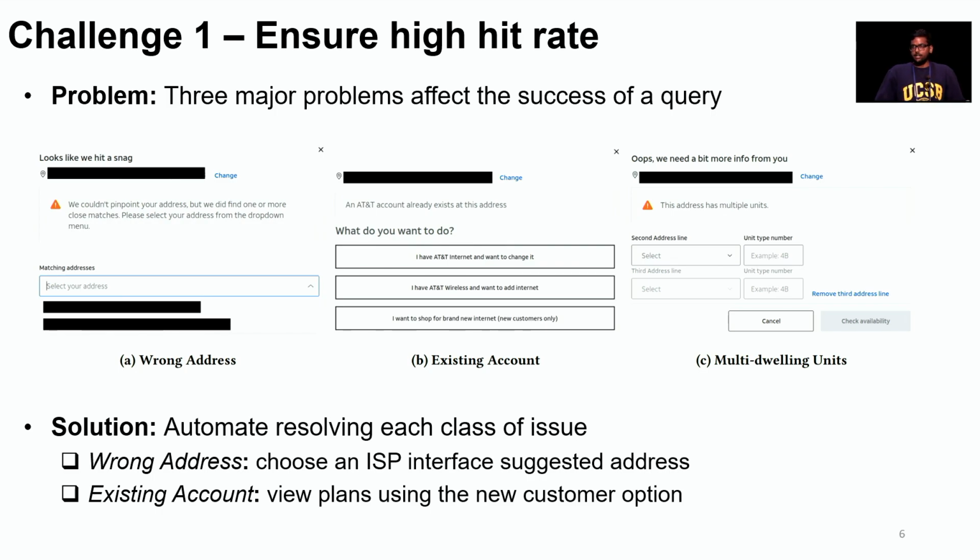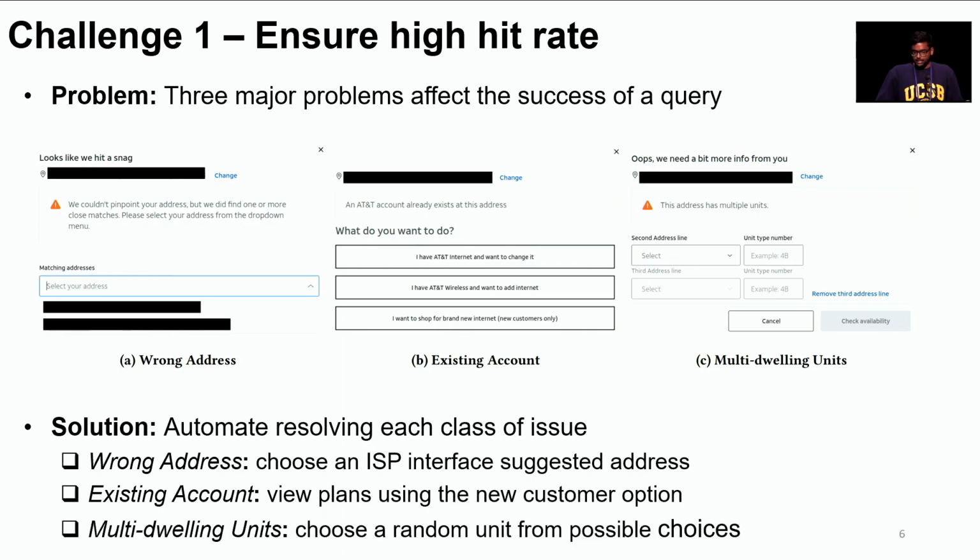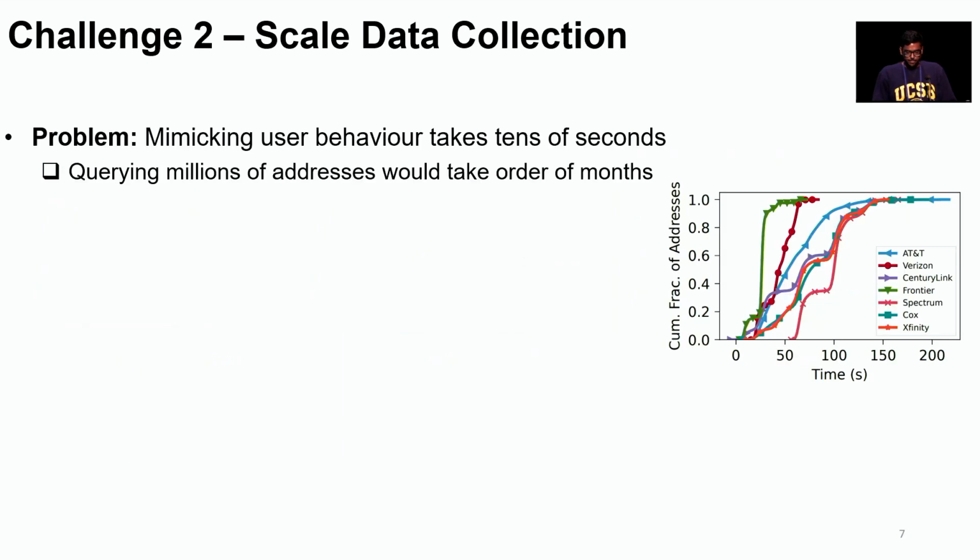Every single query that we made in this work was viewed as a new user, so there was no authentication issue that we ever had to come across or bypass. And finally, for multi-dwelling units, whenever we are presented with a whole bunch of apartment building listings, we take one at random that is part of that apartment building.